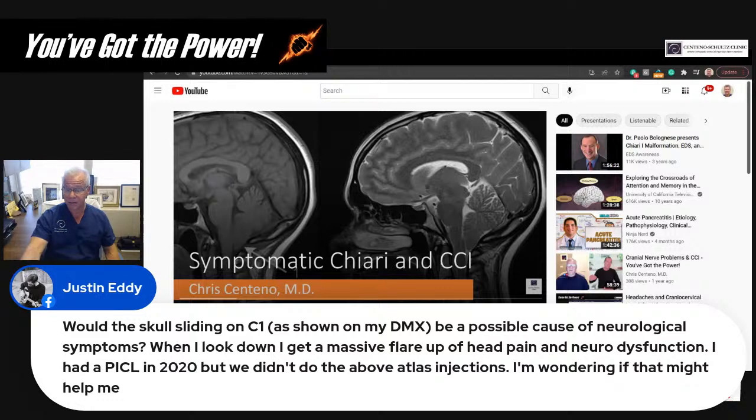Certainly, any motion that is causing the dens to move backwards into the spinal cord or causing the skull to move on the atlas could cause irritation of the brainstem in the first case or cranial nerves in the second case.